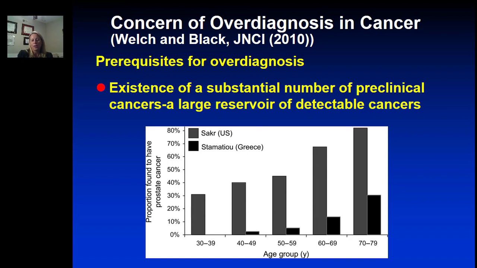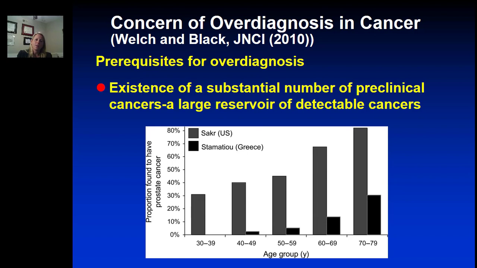And so the message here is that as a person ages, there is a greater probability that they will have preclinical prostate cancer, as illustrated in 2 different studies.